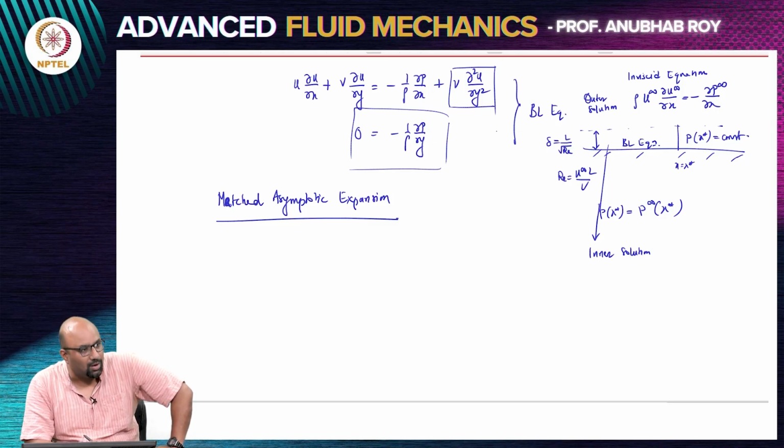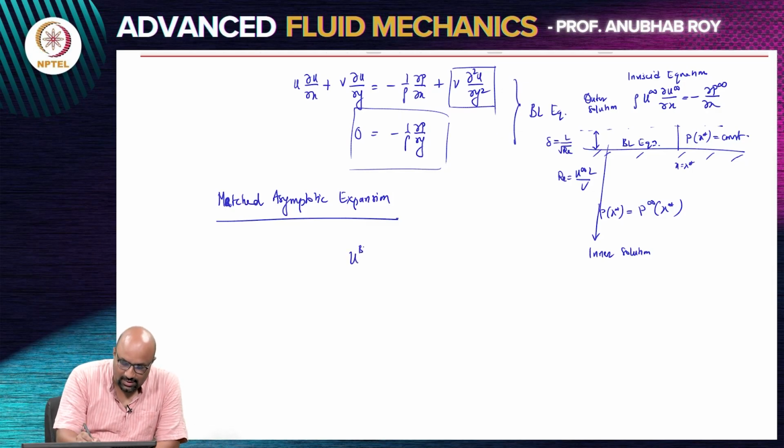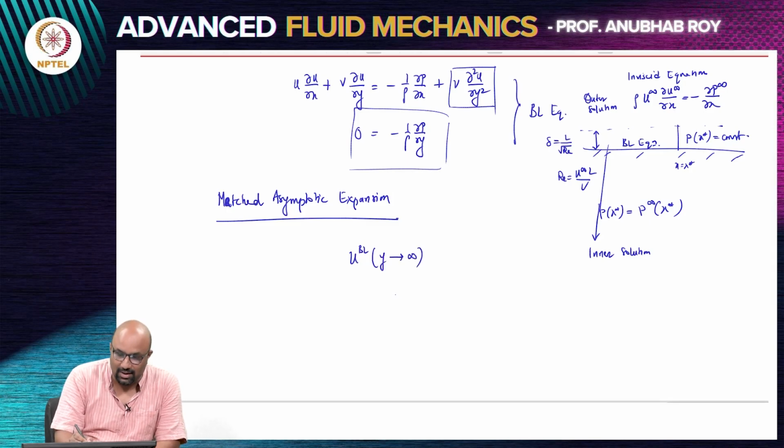But to do this formally, what you are saying is you take your boundary layer solution, and the boundary layer solution in the limit of y going to infinity, seen inside the boundary layer, should become equal to your Euler or potential flow solution for y going to 0. Here y is the coordinate appearing from the solution in the bulk region, in the outer solution.